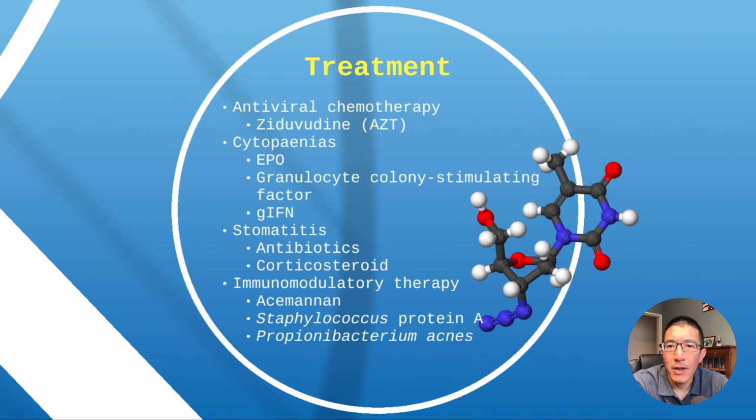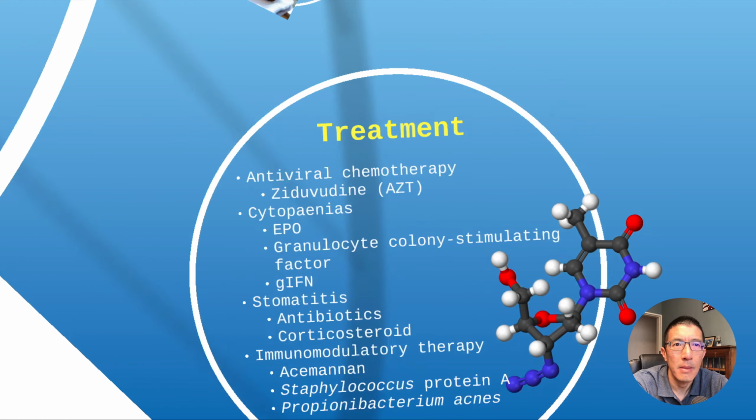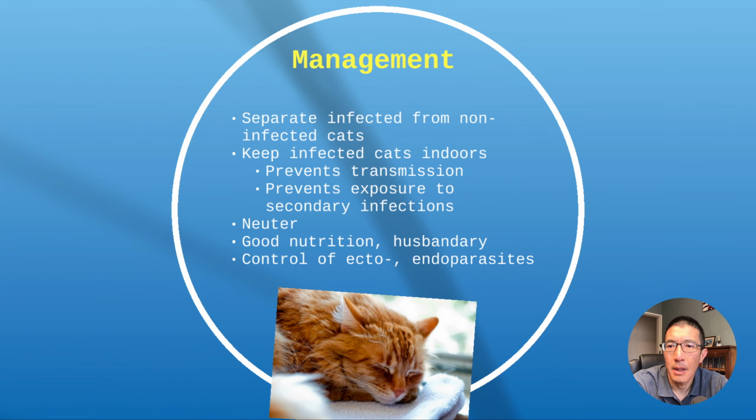The treatment of FIV will be covered in small animal medicine, and it's only included here for completeness' sake. Management of FIV positive cats is to try to separate them from FIV negative cats, neuter the cats to reduce the amount of fighting and aggression, and prevent opportunistic infections. So good nutrition, control of parasites, and good husbandry is key.